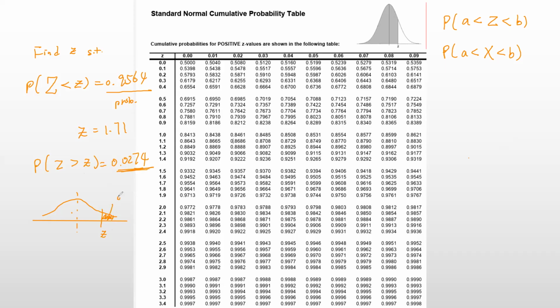So this area is 0.0274. The table gives us accumulated probabilities. It's not the right tail probability. So I need to figure out this area, which is 1 minus 0.0274.